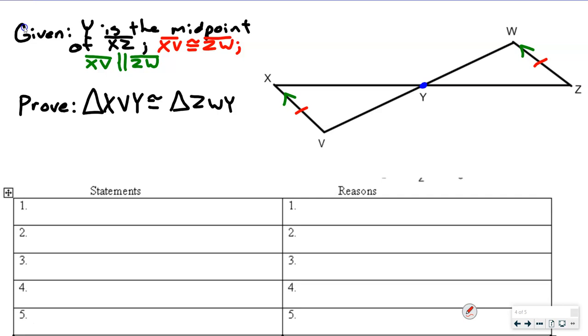Y is the midpoint of XZ. That was given to us. We know XV is congruent to ZW.